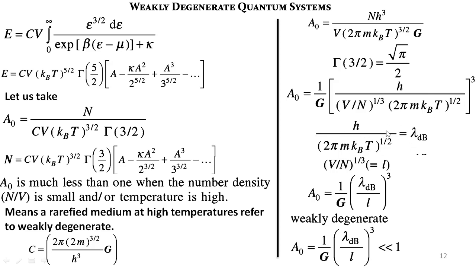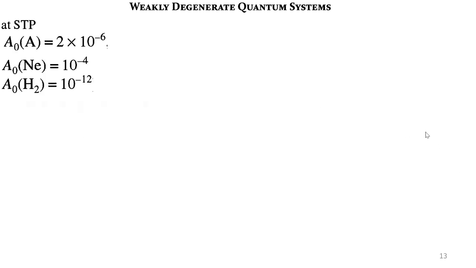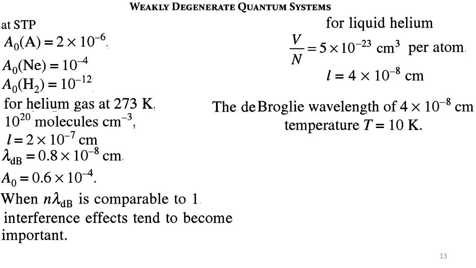So in the case of helium, what we are trying to do is fix the de Broglie wavelength and find out the temperature at which helium atoms would lead to that de Broglie wavelength. If we work out those numbers, we will find that for helium atoms to have a de Broglie wavelength comparable to the interparticle separation, we should place helium at a temperature of say 10 Kelvin.